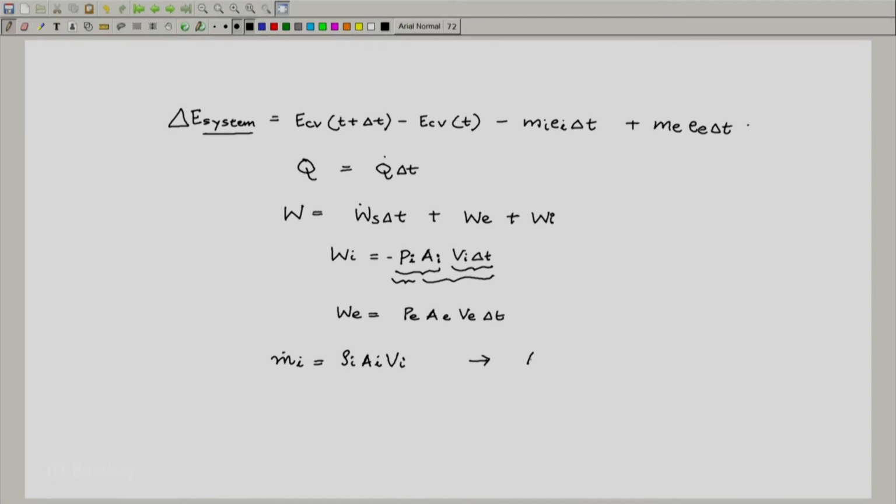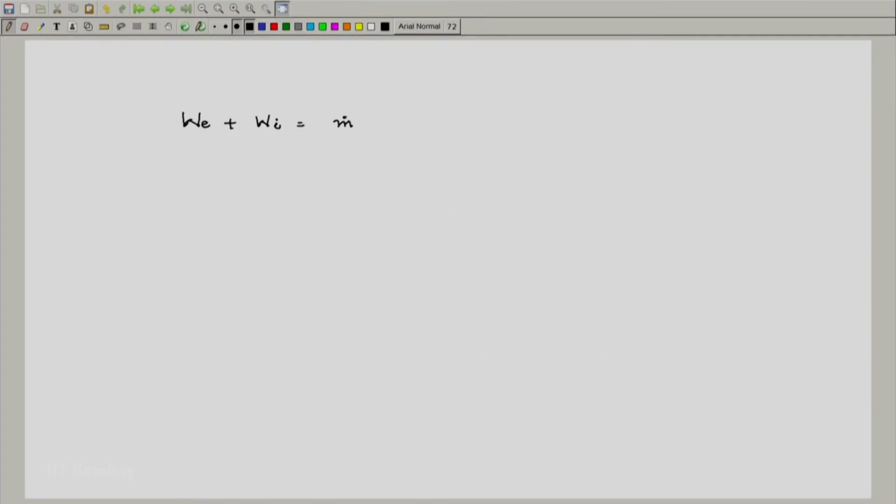Hence, AI VI is nothing but m dot I upon rho I, which is nothing but m dot I into specific volume at the inlet. So, WI is just minus PI m dot I vI delta t. So, we will continue further with our equations now.